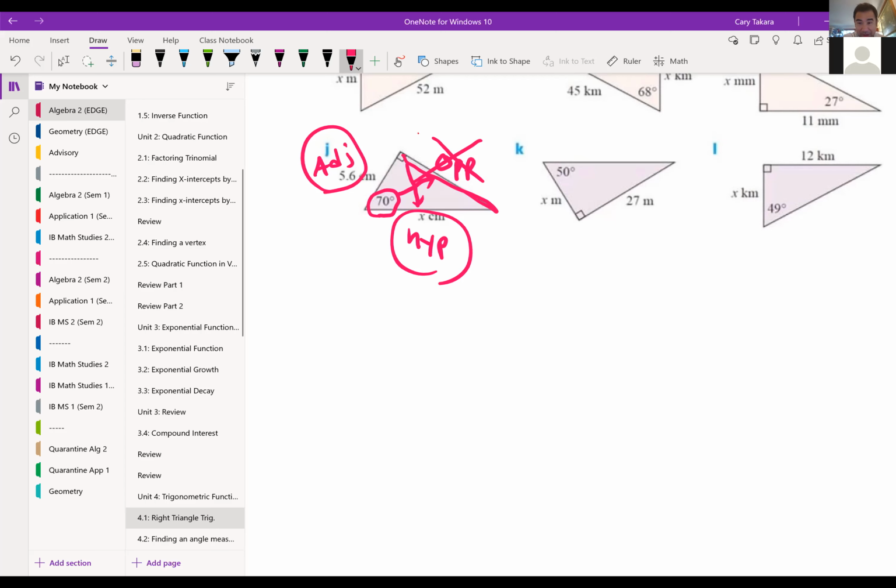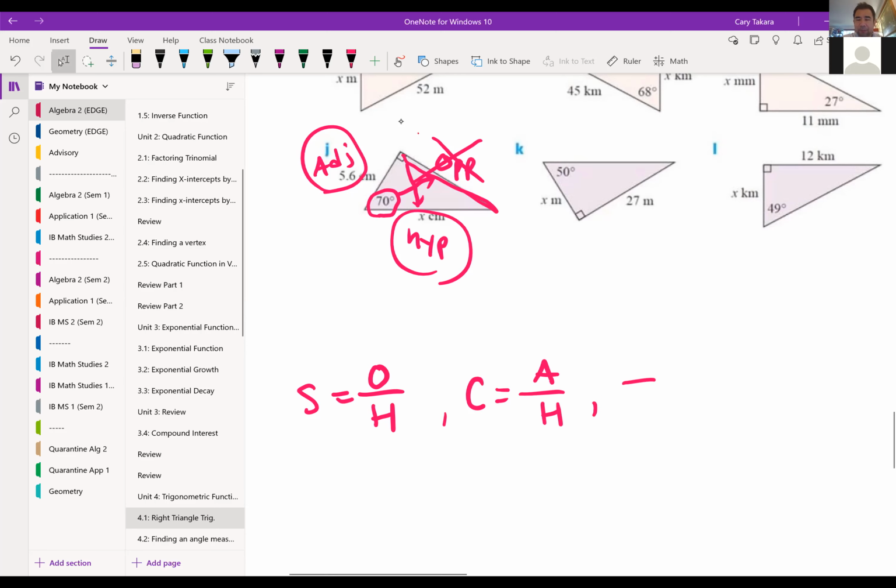So to figure out, you gotta spell out SOHCAHTOA, right? I'm gonna write down S-O-H, that's sine, and C-A-H, that's how I write SOHCAHTOA, by the way.